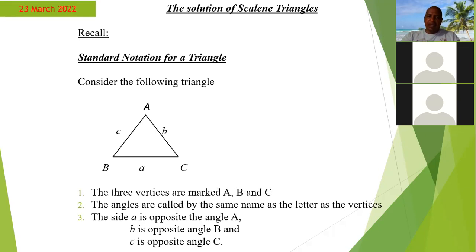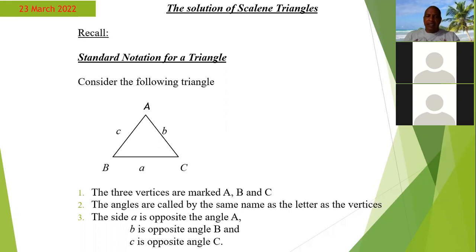So the three sides are marked a, b, c, and we label the vertices with capital letters A, B, C. We oftentimes call the angles by the same name as the letters of the vertices.